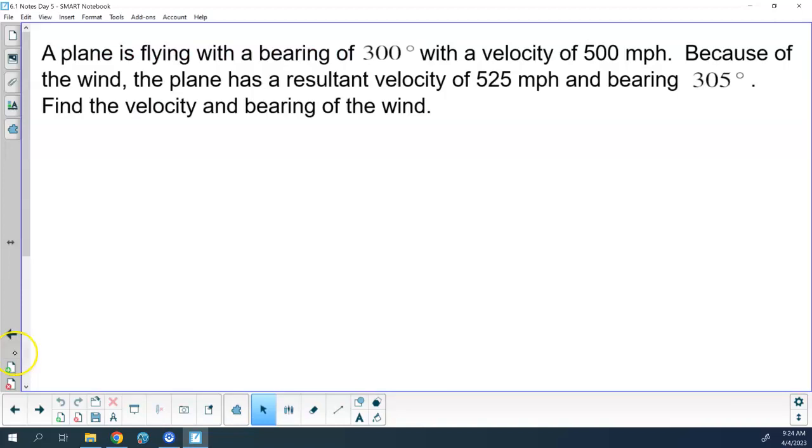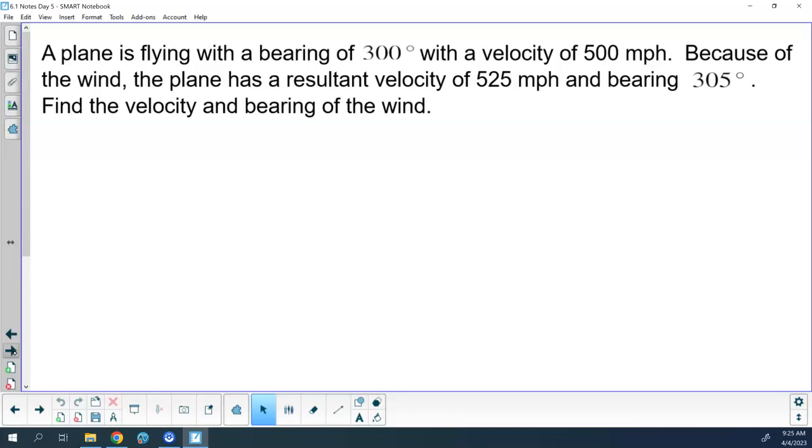All right, so I have no clue where this one is in your packet. It should be one of the word problems. Navigation, it's somewhere in the middle, at the top of one of the pages. Okay? So a plane is flying with a bearing of 300 degrees and a velocity of 500 miles per hour.